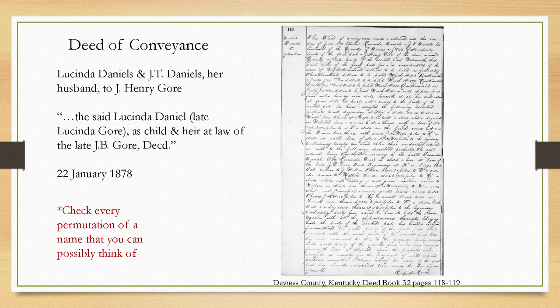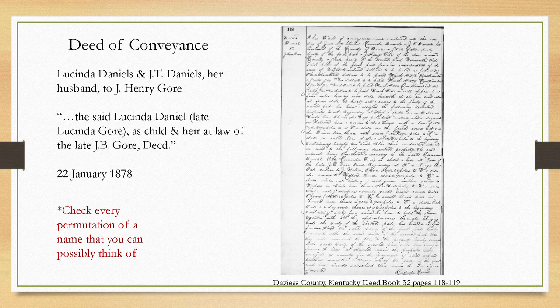And I discovered that the mother had actually remarried. We didn't realize that because she's buried with her first husband and she's buried under her first married name. But once we clarified that, we had the name. And in this deed where I discovered the mother, there was a Lucinda Daniels listed, but no Sabina Gore.